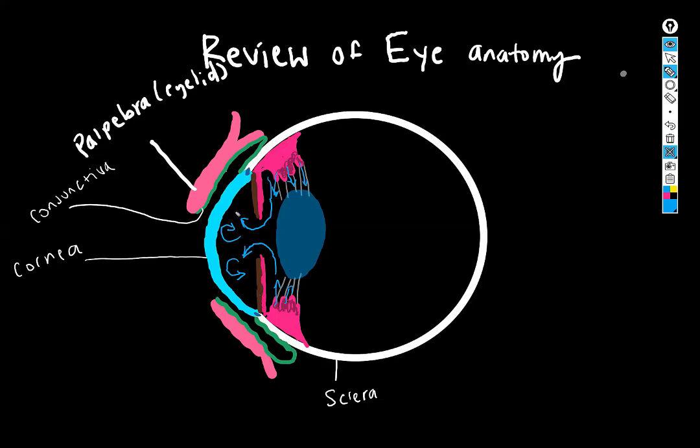And then it eventually flows into this little dot that I've drawn right here. The special name for the spot where the cornea transitions into the sclera, so where it goes from being clear to being white, that's called the limbus.